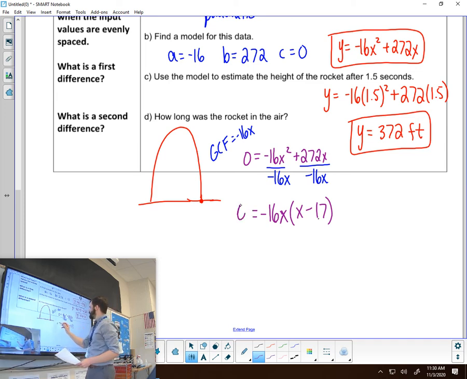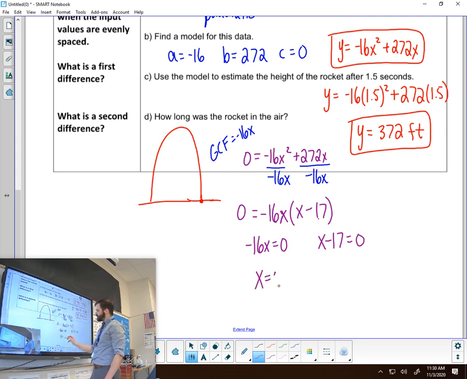All right, so that means we need to set both of those equal to 0. So we're going to set this first one equal to 0, negative 16x equals 0. Set the next one equal to 0, x minus 17 equals 0. So I get two answers. I get x equals 0 if I divide both sides by negative 16, and I get x equals 17.